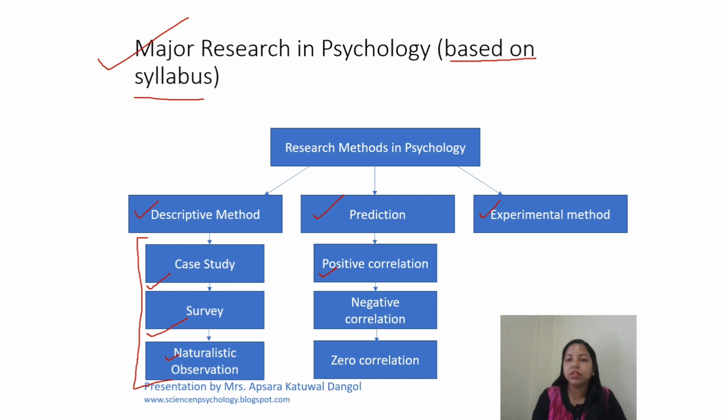In prediction or correlation, we study positive correlation, negative correlation, and zero correlation. If you go through the statistics part, there are so many types of correlation, but here in psychology, we try to understand correlation in just these three categories. Next is the experimental method.